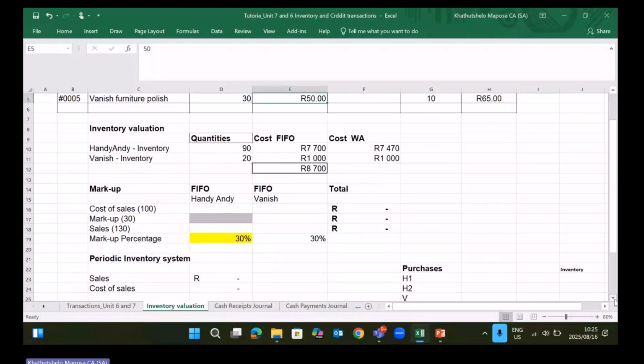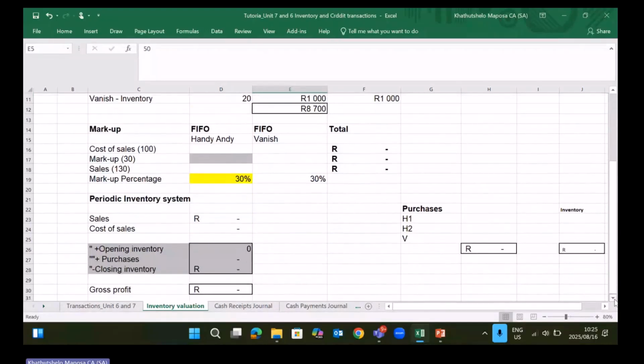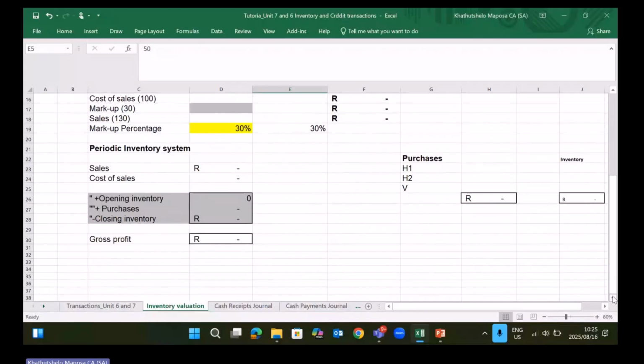And moving on to the periodic inventory system. Remember, Lisedi explained to us earlier on that in the periodic inventory system, they do the stock count at the end of the reporting period, and then determine how much the value of the inventory is at the end of the period.